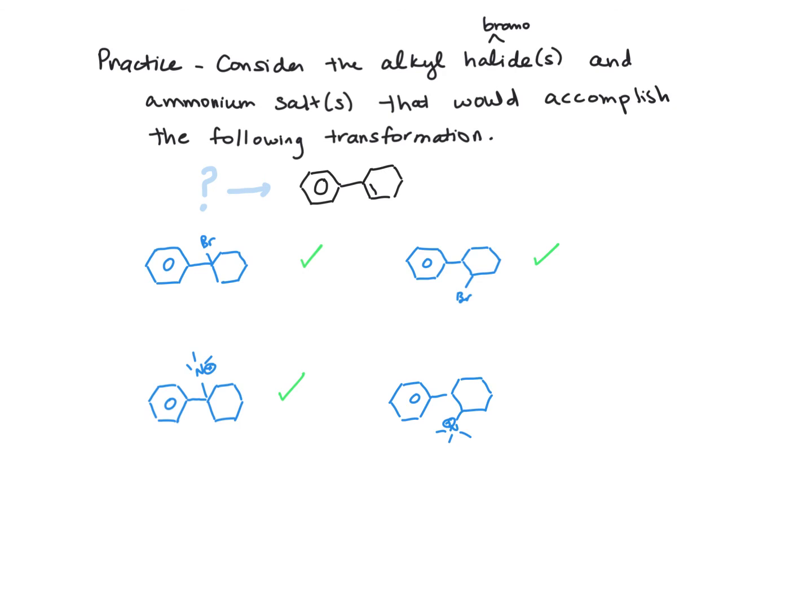But in this case we have to consider whether the alkene is going to form here or here, and we want to get to the least substituted product. So this compound does not work because it gives us the wrong alkene.